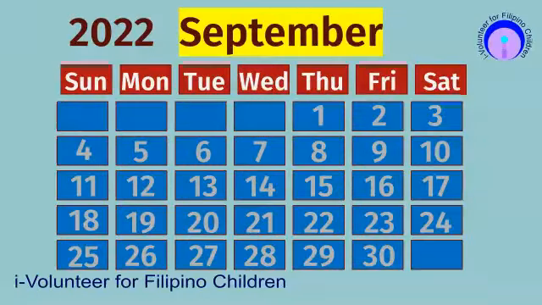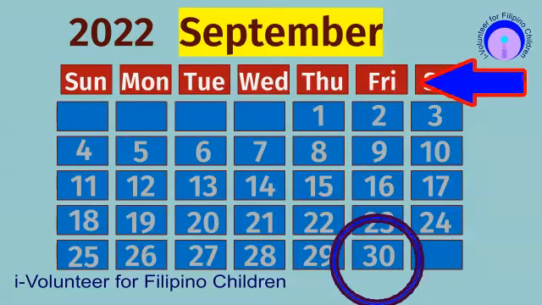Now we are in the ber months already. It's almost Christmas. Now, for the month of September, find the last day of the month. Yes, it falls on a Friday.